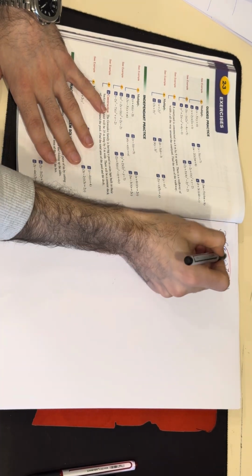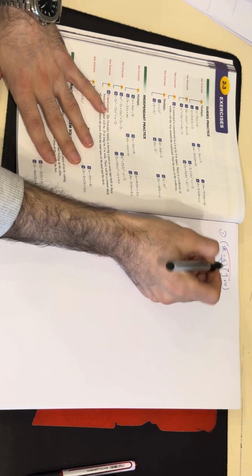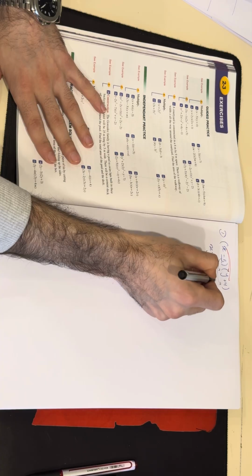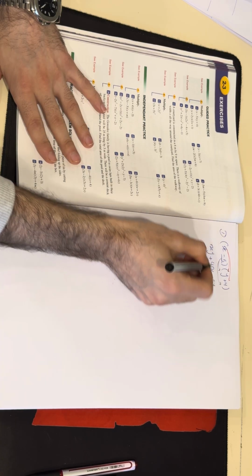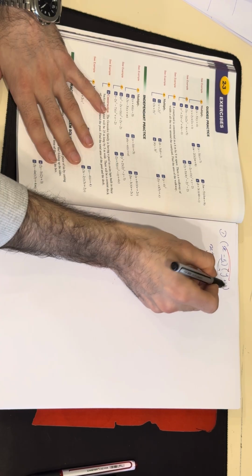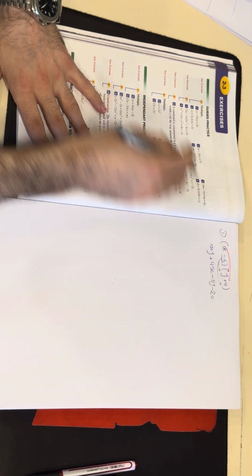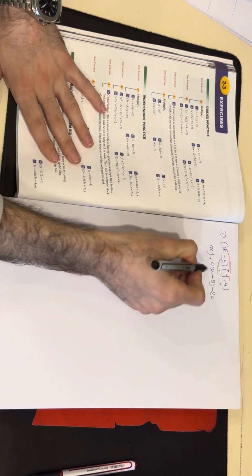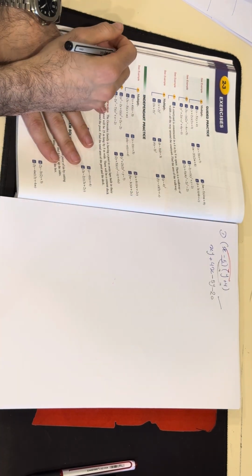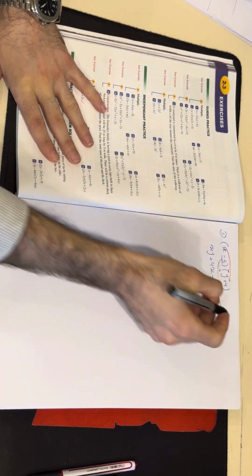Then the second one, negative 5 and y, negative times positive, negative. 5 times y, 5y. Negative times positive, negative. 5 times 4, 20. If you take a look, do I have like terms? No, so that means it's the last answer. So we keep it like that and we leave it.